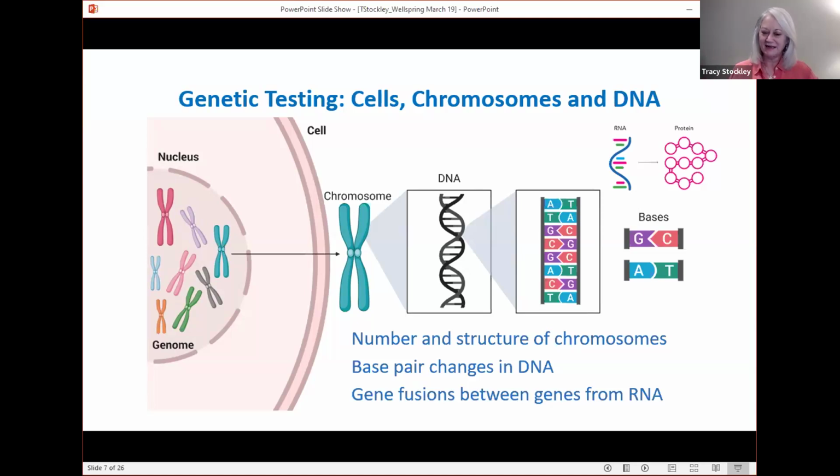And then for a lot of the testing, especially the newer molecular testing that's come up over the last 5 to 10 years, we're drilling down further into the actual DNA. When you look at DNA, you can see the list of colored bases.